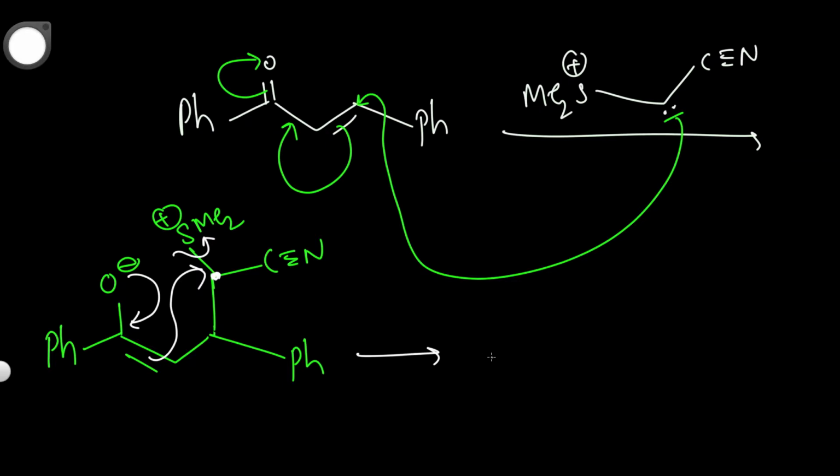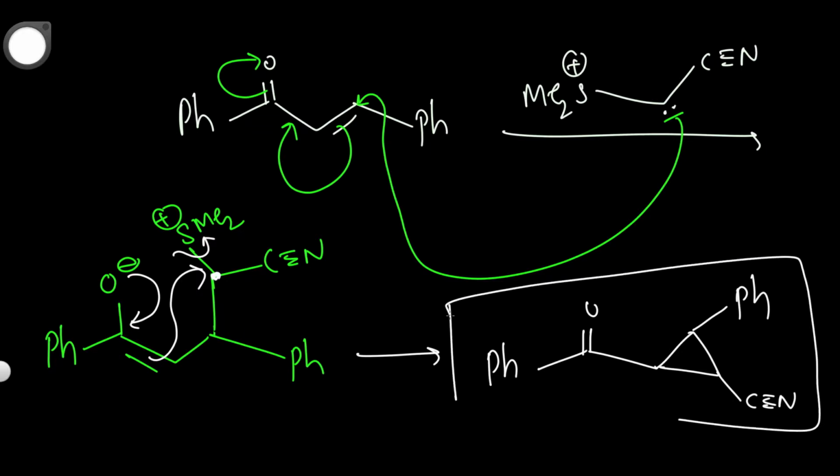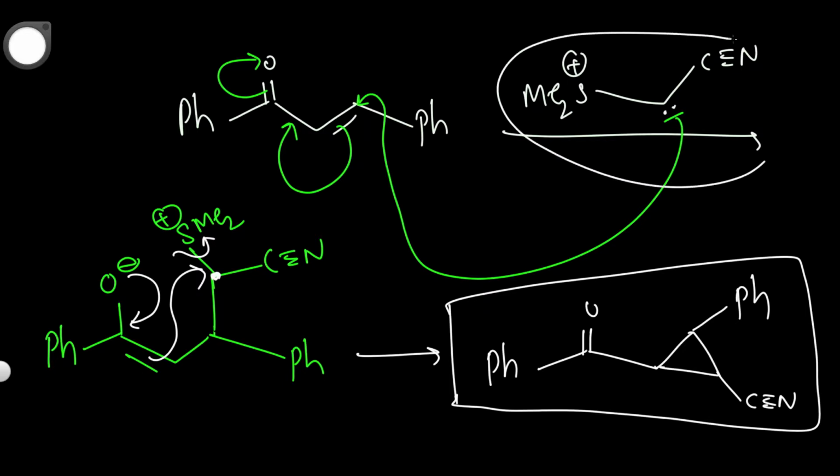You will get a cyclopropane-like structure, something like this, with C triple bond N here, and this is our Ph. In the case of a soft nucleophile, the soft nucleophile will attack the soft electrophilic center, and you will get this final product.